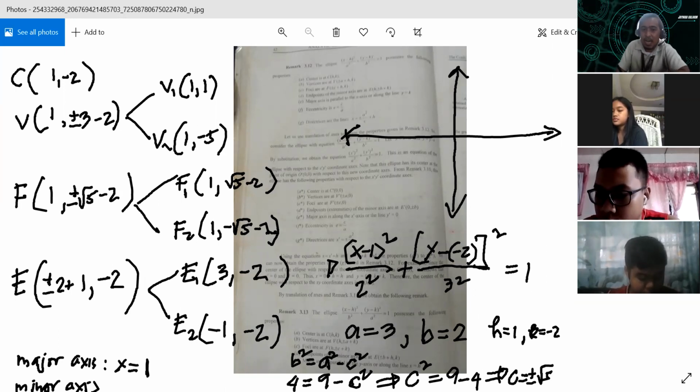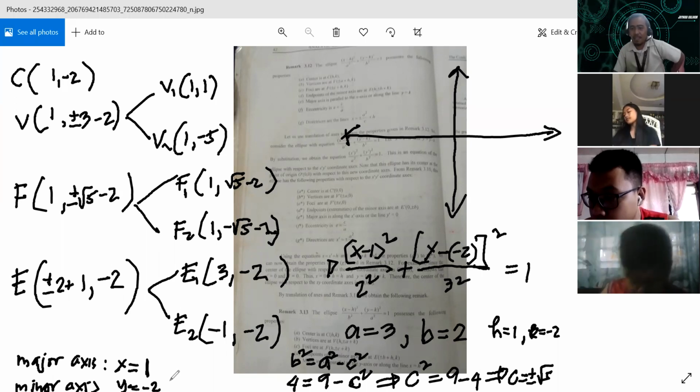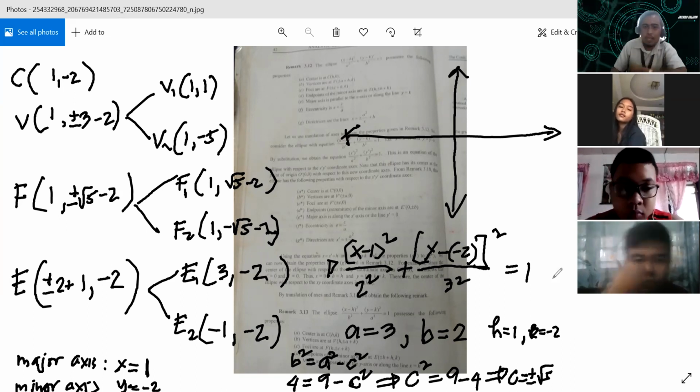So, the minor axis equation is given by y equals k, and your k is negative 2. Right? Okay, now you don't need to worry about the next theorem on the next page.